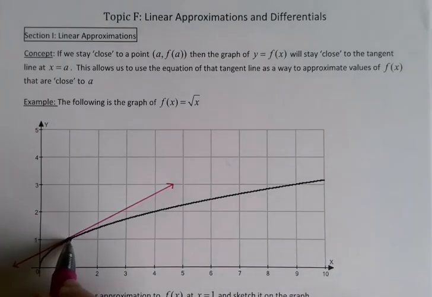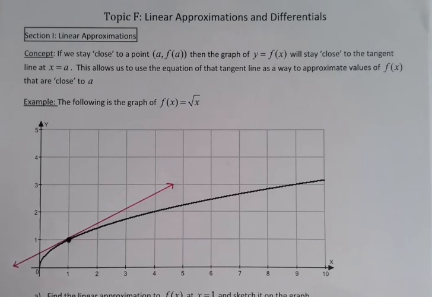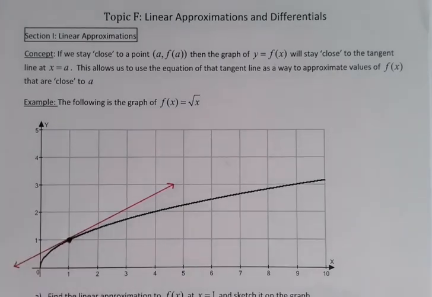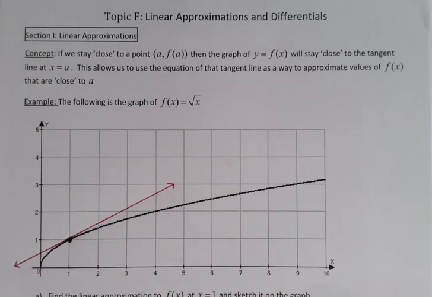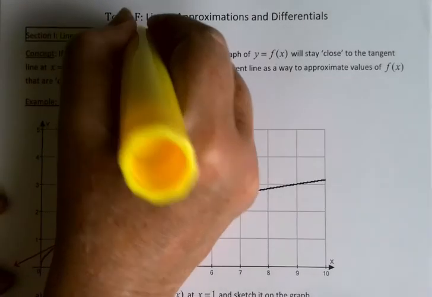But as long as I stay close to x equals 1, the square root curve and the tangent line have almost the same y value. What that's going to allow me to do is use the tangent line to approximate the values on the square root curve. That's why we call these linear approximations.